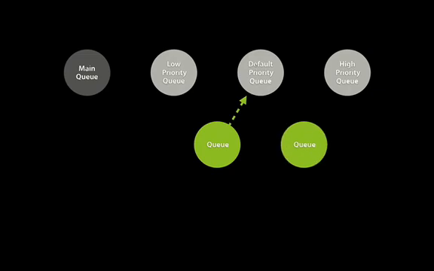And so to give a graph of what this looks like, yesterday we talked about the main queue and the default priority queue. And now we've just introduced the low and high priority queues. And whenever you create a queue, it's going to target the default. But you can change that. So if we create a couple of queues, we can change one of them to now target the high priority queue, and then we can change the other to target the low priority queue.